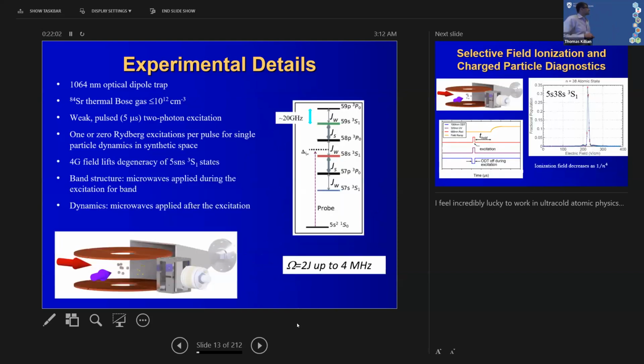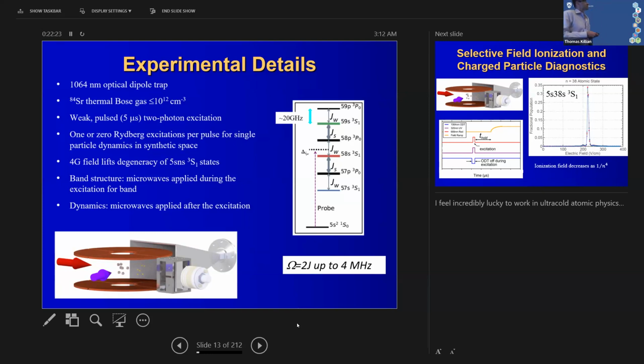The states that we choose, at least for the first part of the talk, are the triplet S1 and triplet P0 states. We have single photon transitions from S to P, and we run from 57S up to the 59P state.